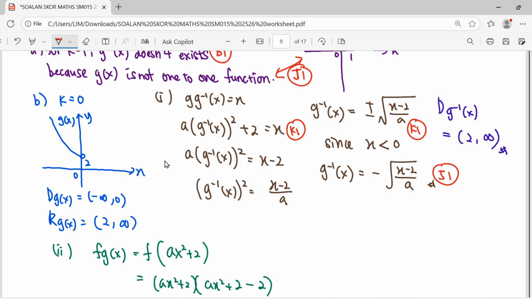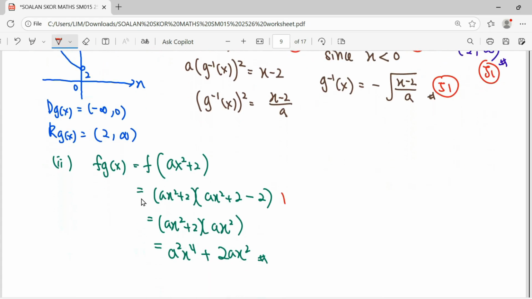Then the domain of this g inverse, one mark. Then do your composite and simplify to the last one.